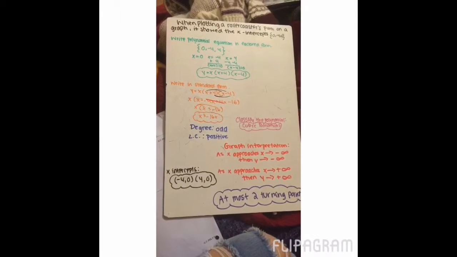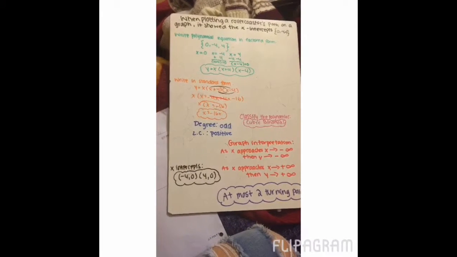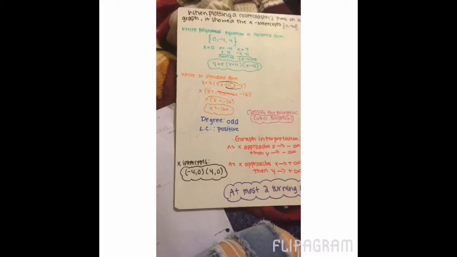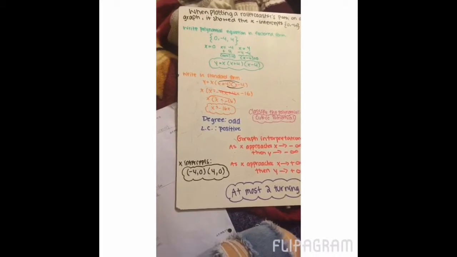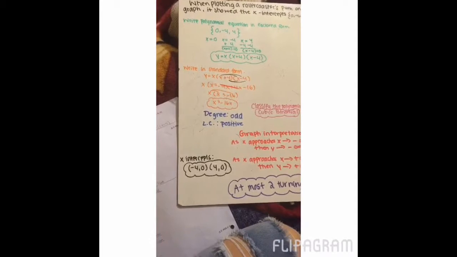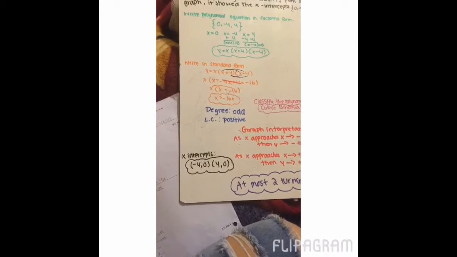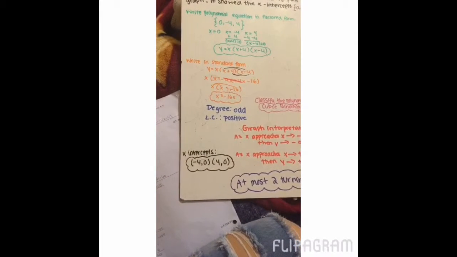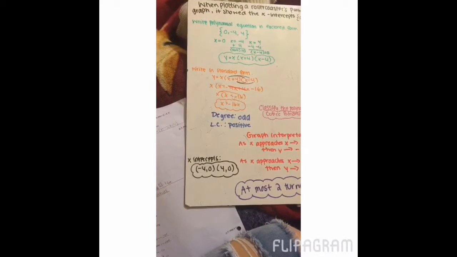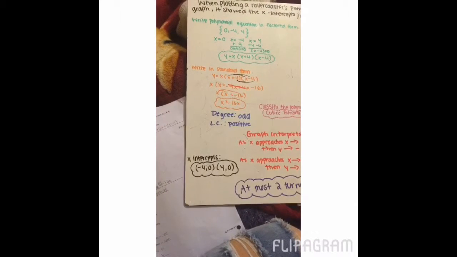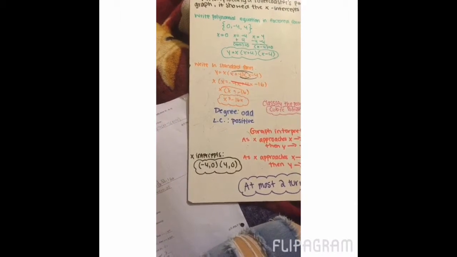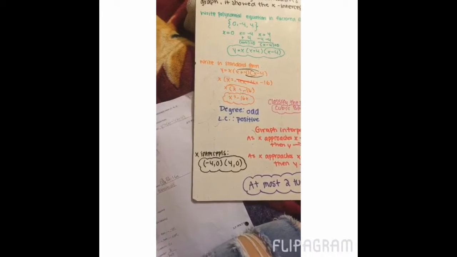So our last problem is plotting a roller coaster's path on a graph, showing the x-intercepts. The x-intercepts that were shown were 0, negative 4, and positive 4. First we need to write a polynomial equation in factored form. We do this by getting the x-intercepts and making them equal 0, which will have negative 4 turn positive, and positive 4 turn negative, and we just leave out the 0 because it's nothing.